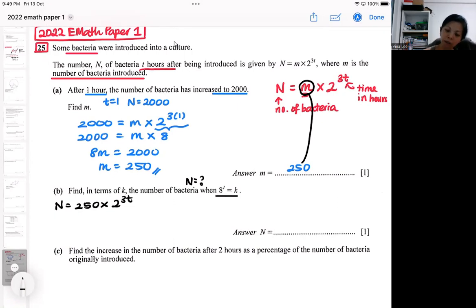If you look carefully from the more complete formula, this part is 2 to the power of 3. So I can process it this way, and then I will have 8 to the power of T. And now I can change this whole thing into K.